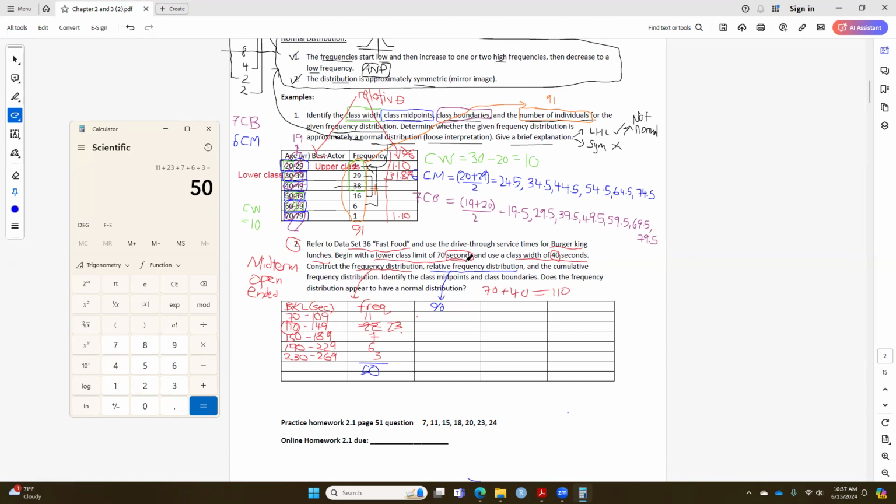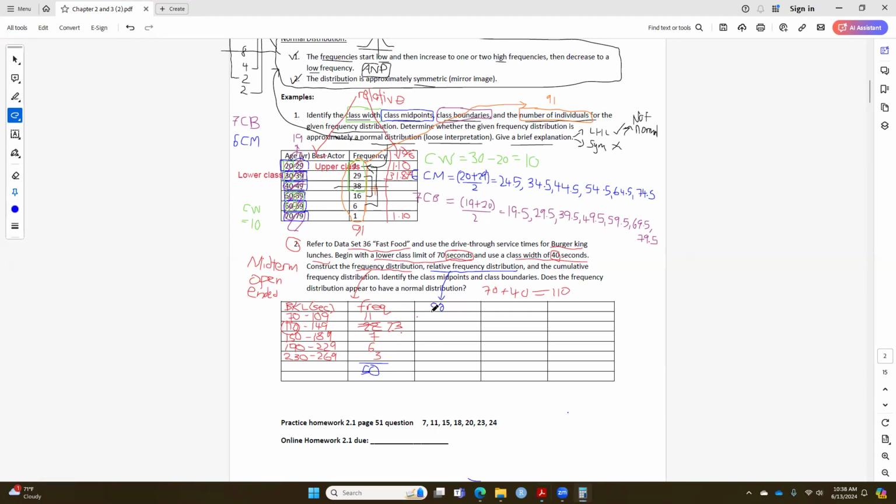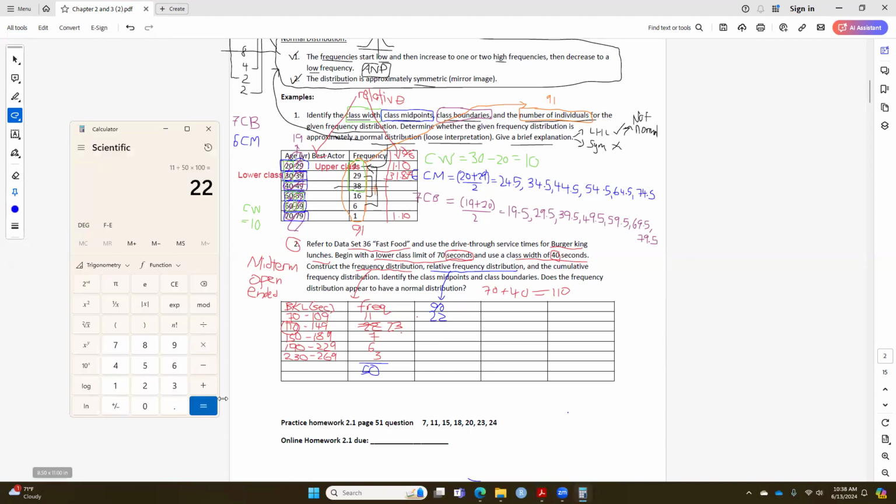So now we will begin to do the relative frequency. How do you figure it out? Just take the class frequency, the first one, 11, over 50 times 100%. So this came out to be exactly 22%. And you repeat the same thing for the next class.